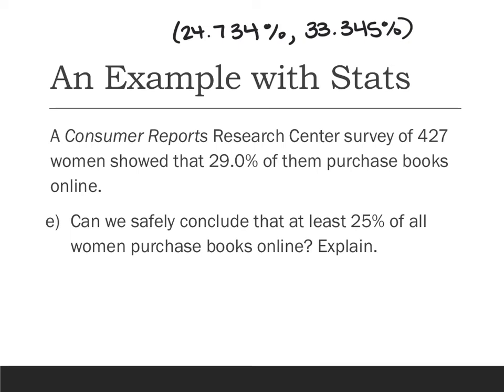And that is true in that fact that, yes, 25% is between these two numbers that we found for our confidence interval. However, if we're saying that at least 25% of all women purchase books online, that means that we're saying that proportion has to be greater than or equal to 0.25.